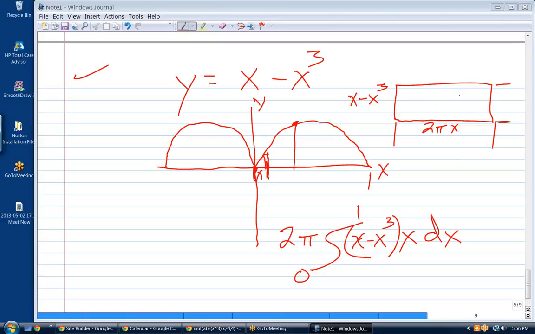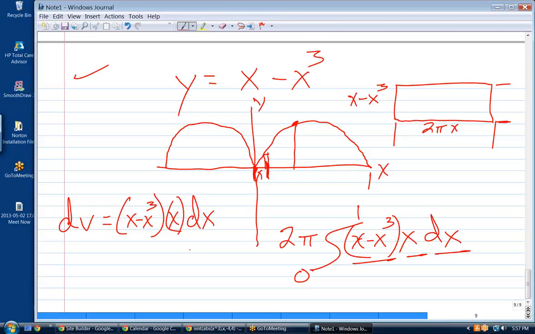So then dV is actually this times that times that. So I could say that dV, meaning the incremental volume of each shell, is that.